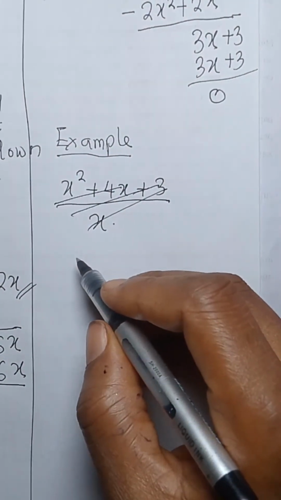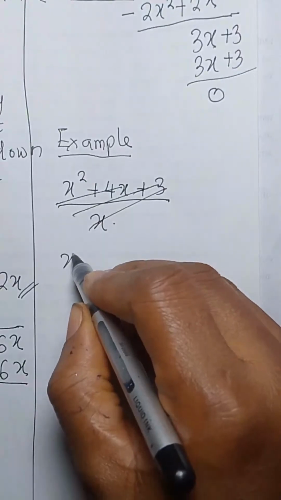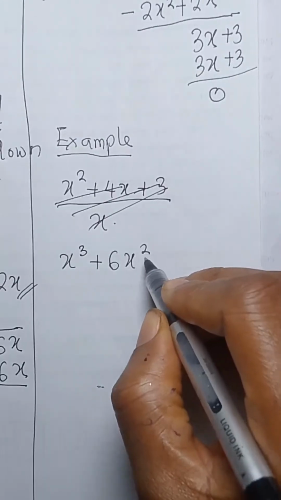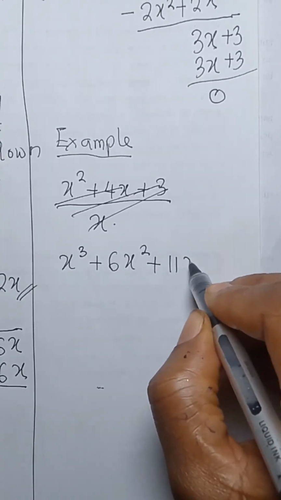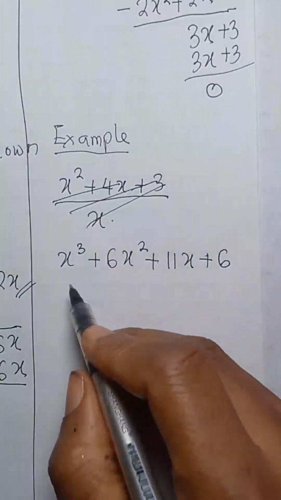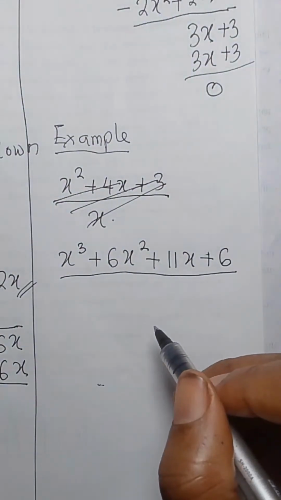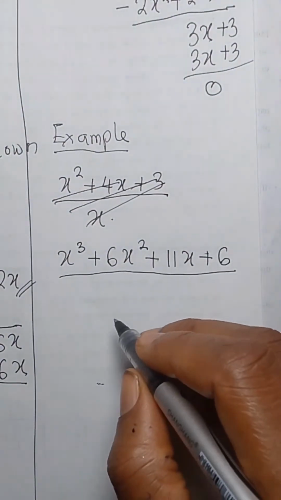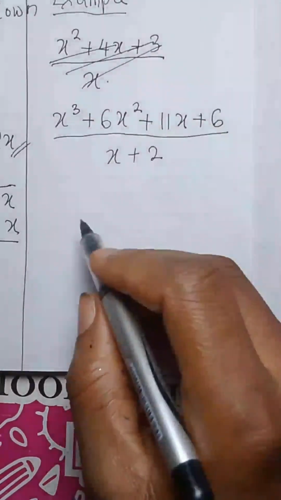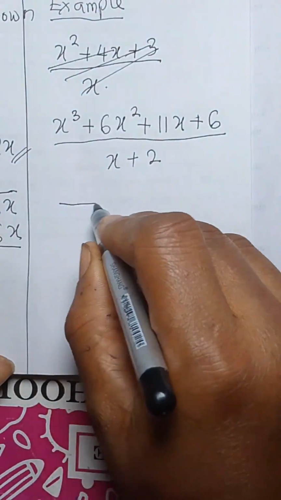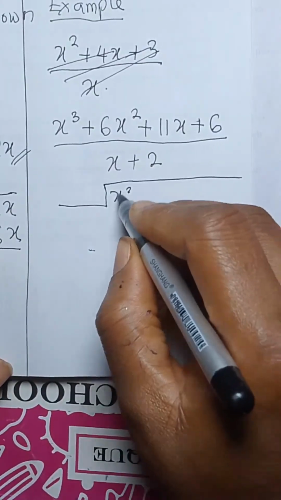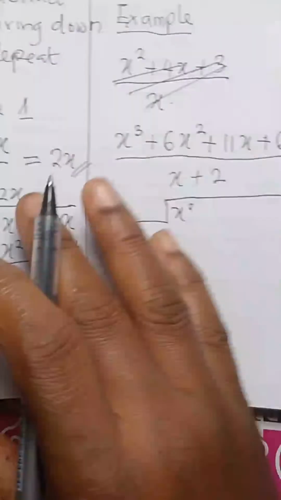So we are going to divide x cubed plus 6x squared plus 11x plus 6. So this is 4 terms, 1, 2, 3, 4, by x plus 2. Okay, so this is what you are dividing now. You're going to do the normal drawing as usual. You write x cubed. Sorry, this is so close. So let me go to the next page.